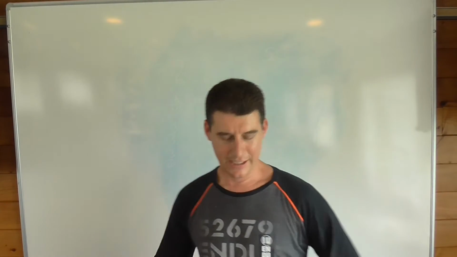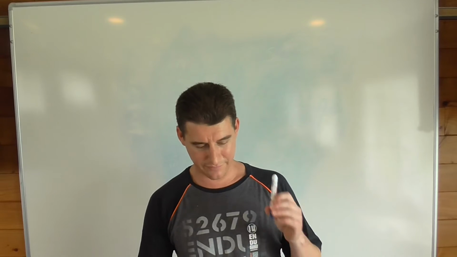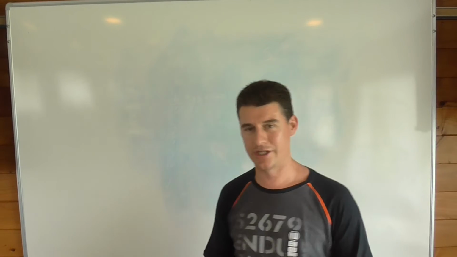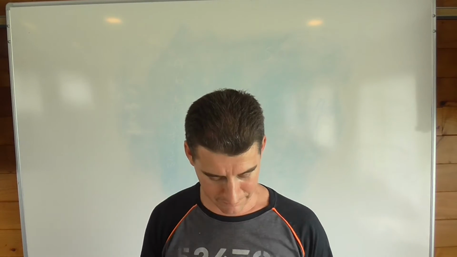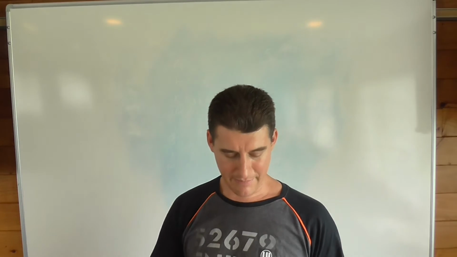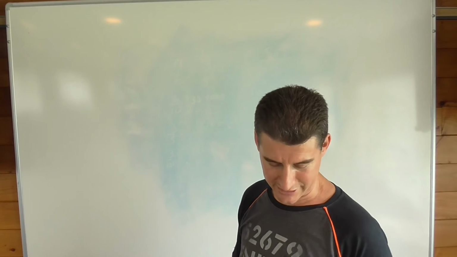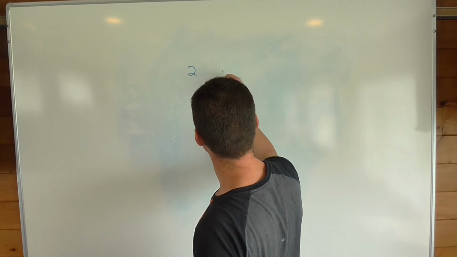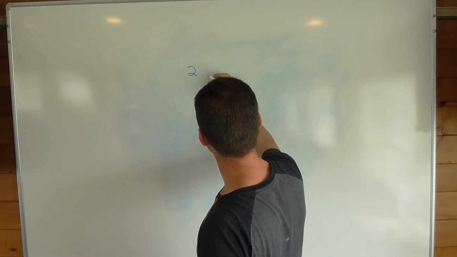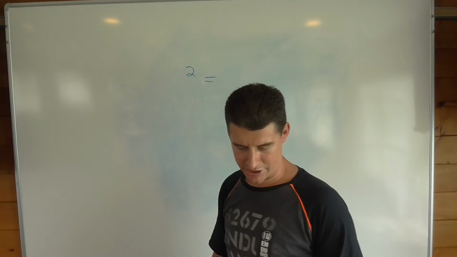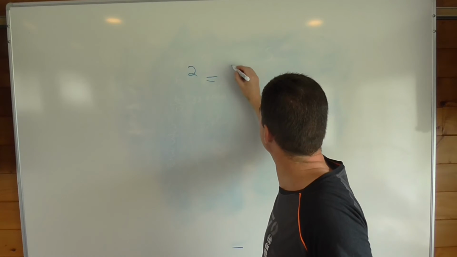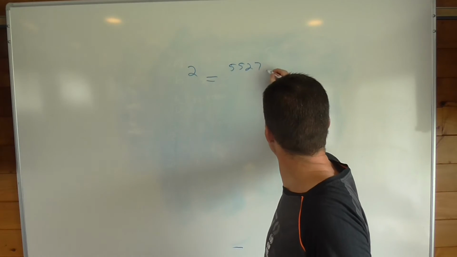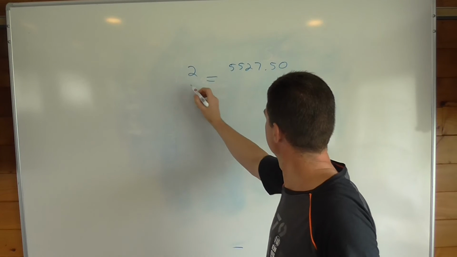Okay. Now, when you've got 2 variables and you need to calculate a different variable, I think I did share this formula with you previously. But if they say, for instance, 2 tons of material costs you 5,527.5.